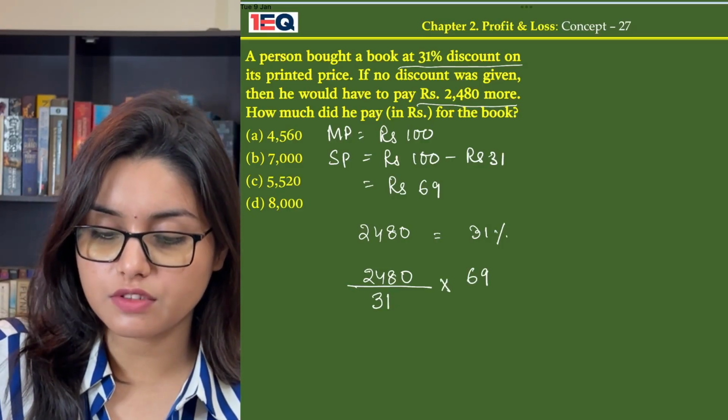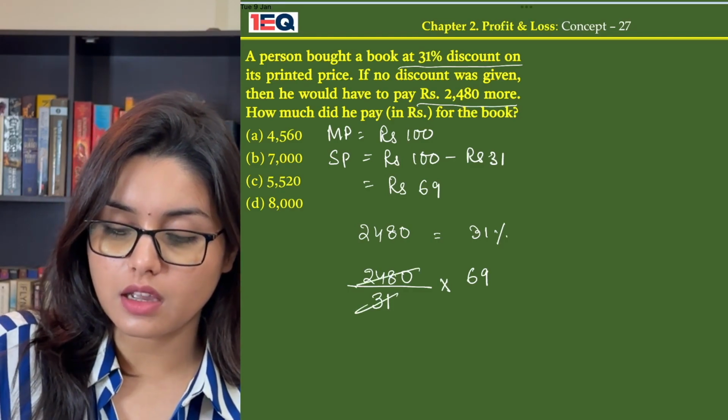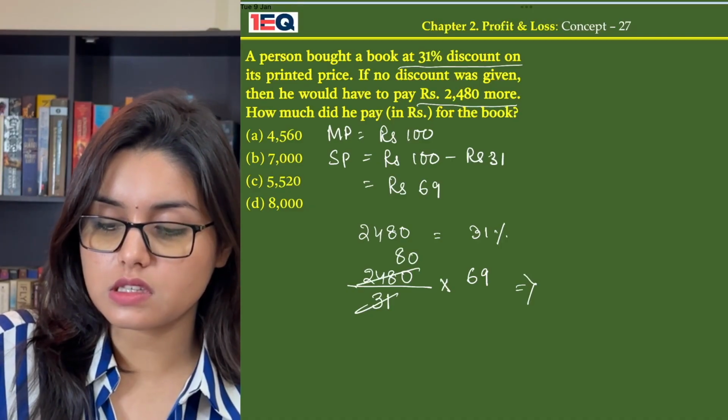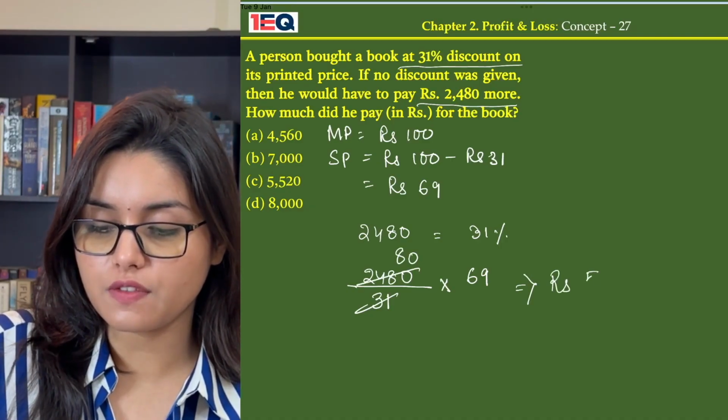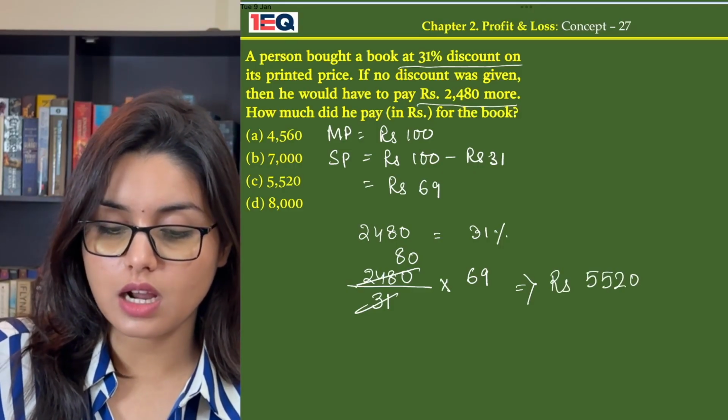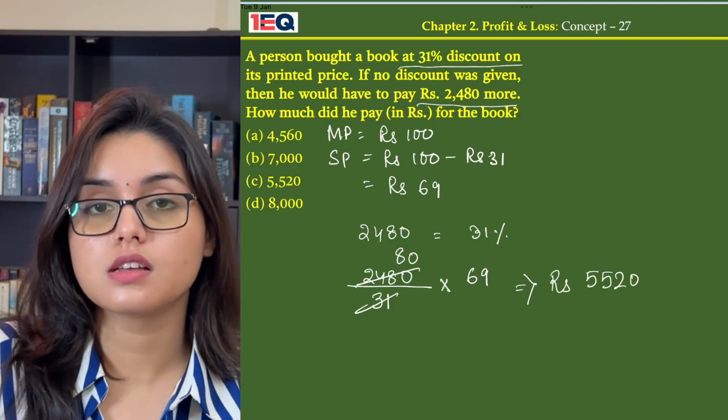So on dividing, we find 31 8s are 248, a 0. 80 into 69 gives us rupees 5,520. So our answer is option C.